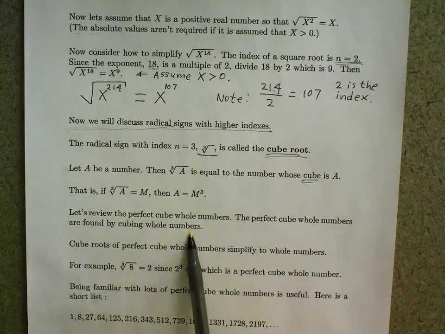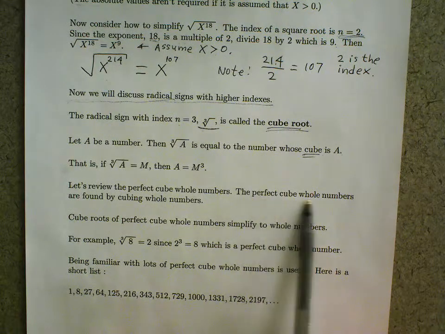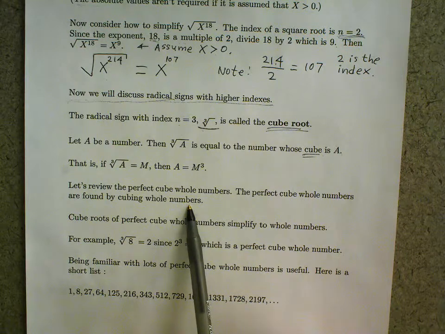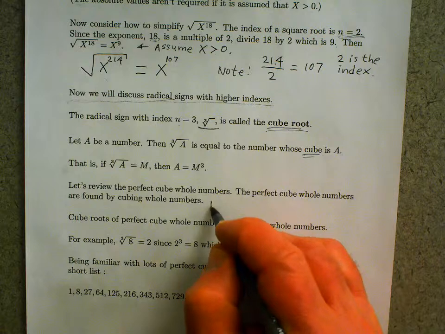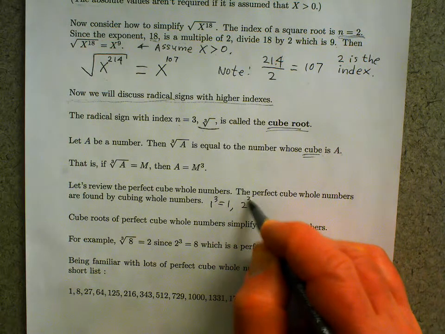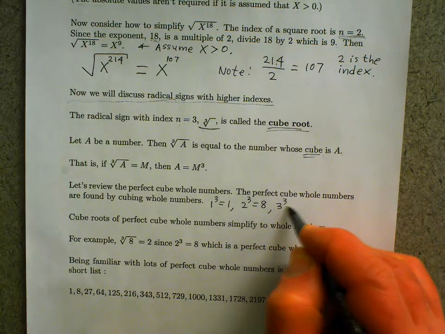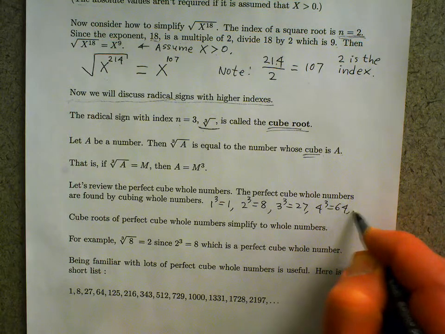Okay, so let's review some of the perfect cube whole numbers. The perfect cube whole numbers are found by cubing whole numbers. So 1 to the third is 1. That's a perfect cube. 2 to the third equals 8. 3 to the third equals 27. 4 to the third equals 64, and so on.